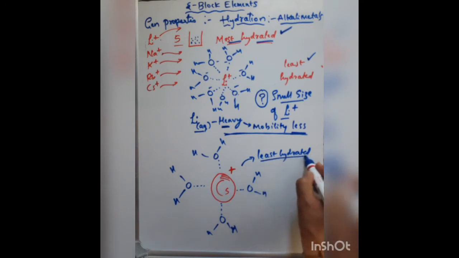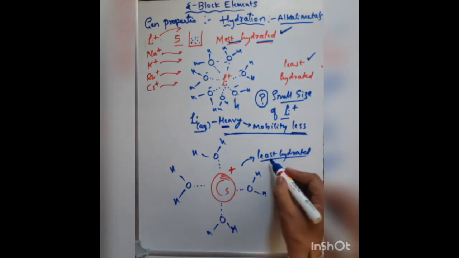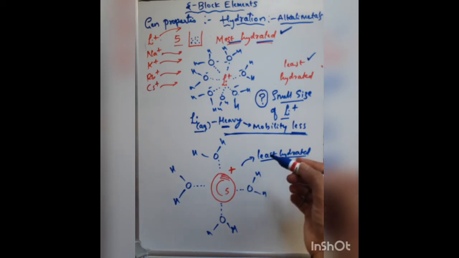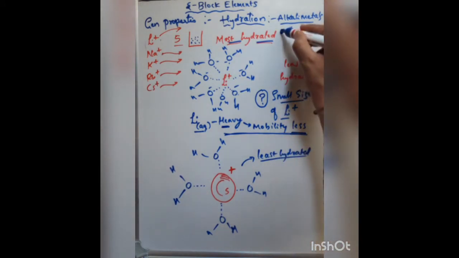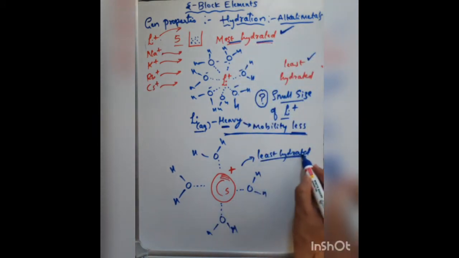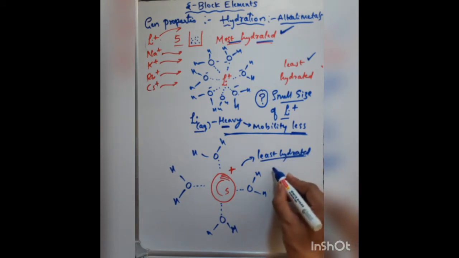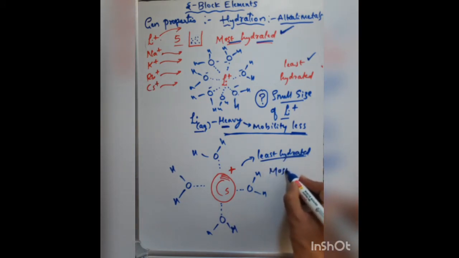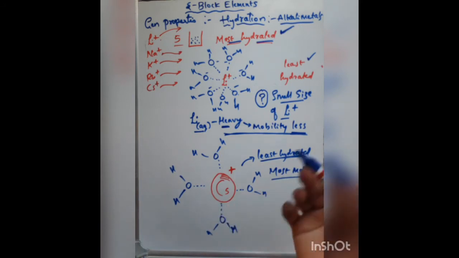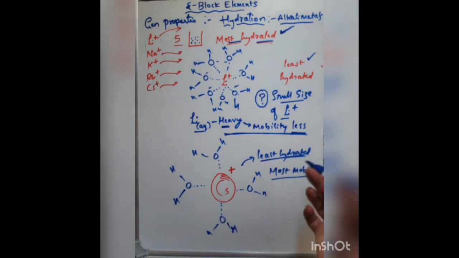Since it is least hydrated, its weight or its heaviness will be very lesser than the most hydrated lithium. Since it is least hydrated, it is having less weight. Because of this reason, it will be having most mobility. Or I can say that cesium plus will be most mobile in the aqueous solution.